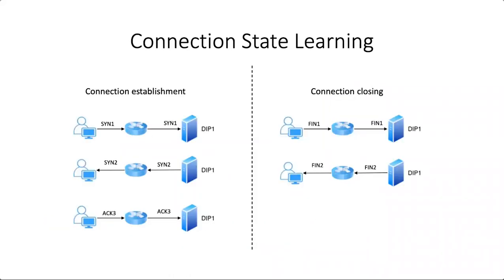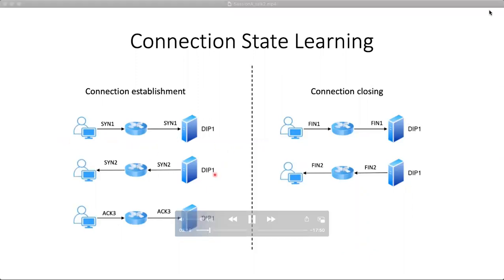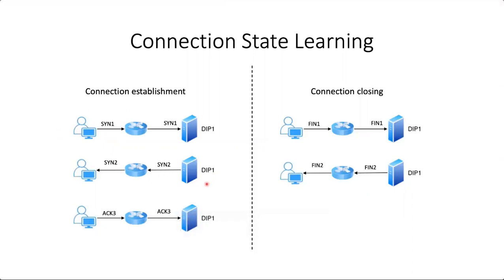To forward the traffic correctly, the load balancer tracks the states of connections. In the connection establishment, the load balancer will learn the SYN1 packet coming from the clients and the SYN2 packets replied by the servers. Then it will understand that this connection has been established. Later, the client will start sending the traffic, and we call the first ACK as ACK3.